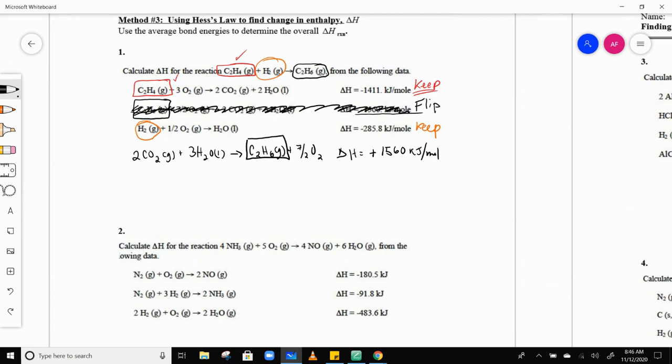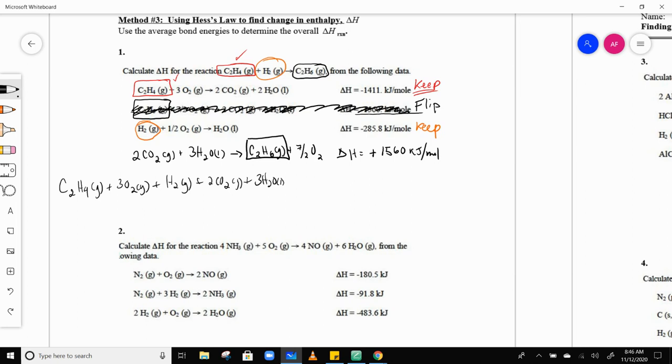Now, if we rewrite all of the reactions together as one reaction, I'm going to write the reactants first. So C2H4 gas plus 3O2, and then I'm going to write this one, plus H2, plus 2CO2, plus 3H2O.